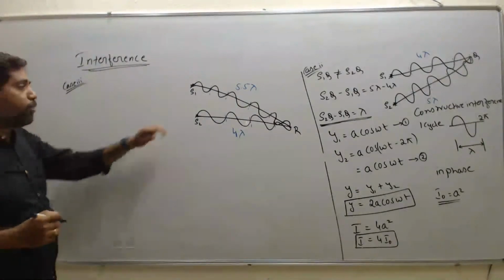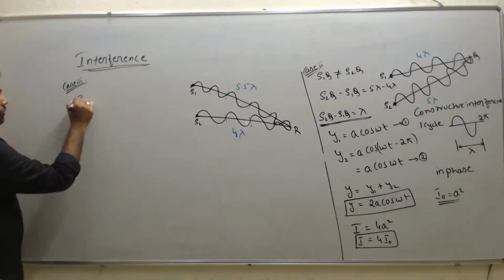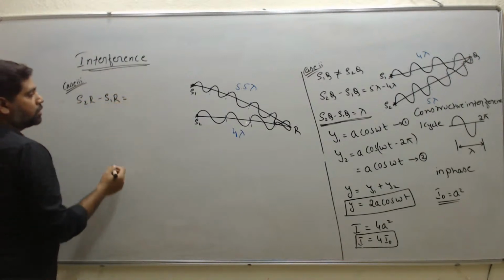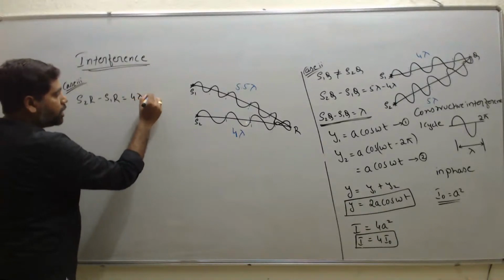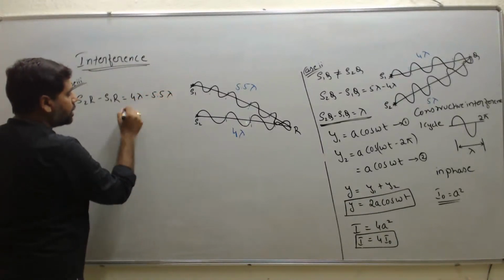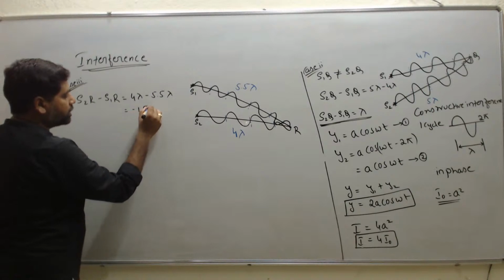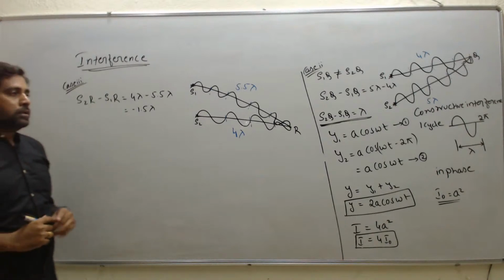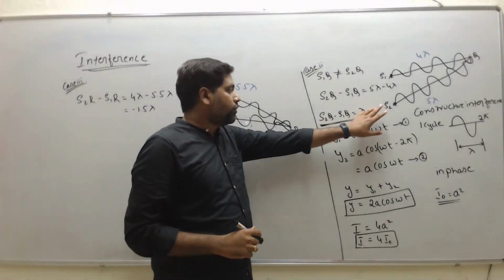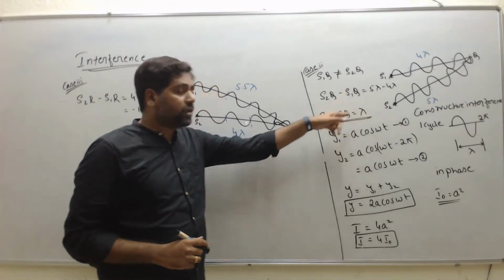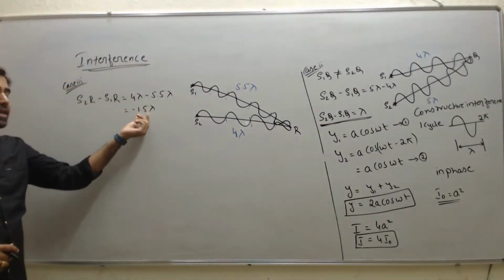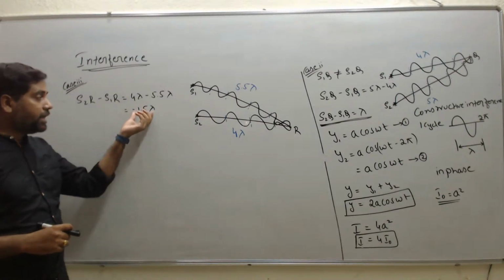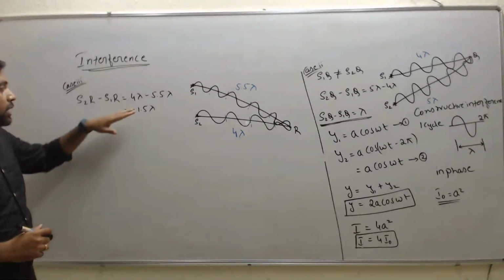If we write the path difference, S2R minus S1R equals 4 lambda minus 5.5 lambda, that is equal to minus 1.5 lambda. In the second case, the difference was 1 lambda; here we get a difference of 1.5 cycles, that is 1.5 lambda.